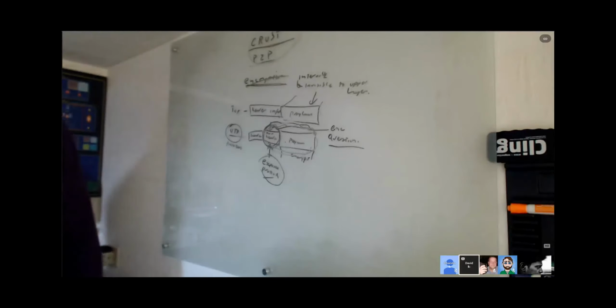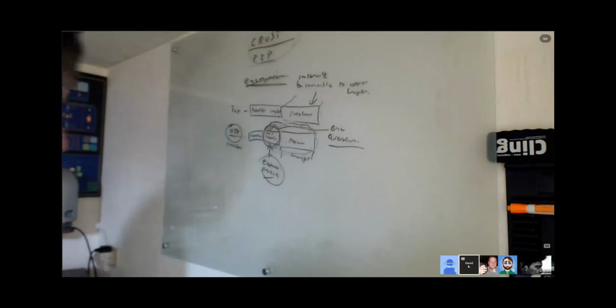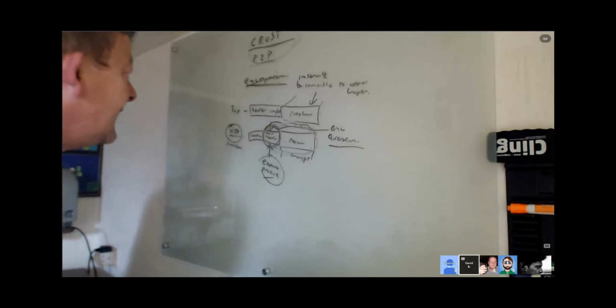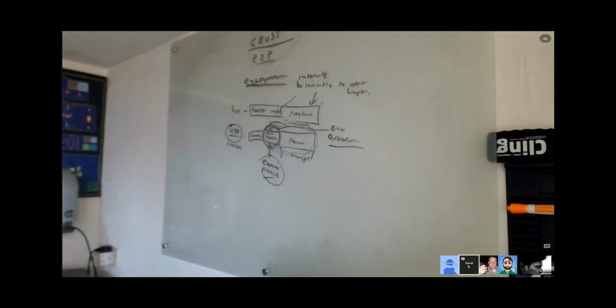Now, in terms of doing that, it's pretty straightforward. It's pretty easy because every CRUST node is going to have a bootstrap list. It could easily write its private and public keys there and exchange the public key as its identifier.